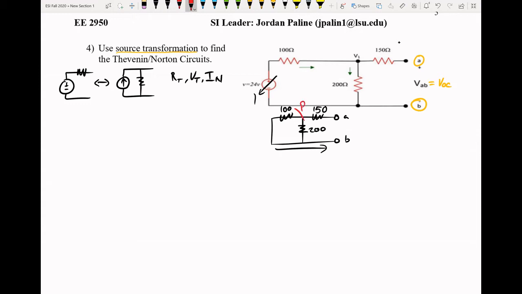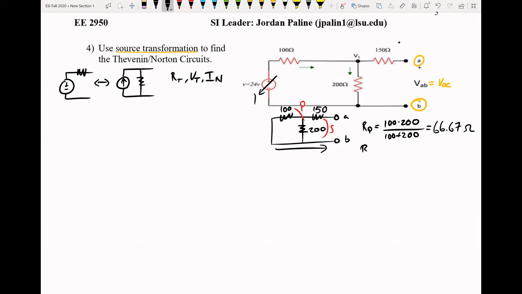This will be parallel, and then after we combine those, these will be in series. So R parallel will be 100 times 200 over 100 plus 200. This will give us 66.67 ohms.